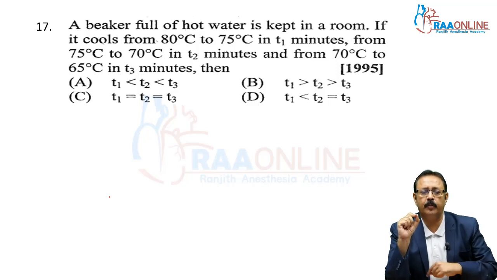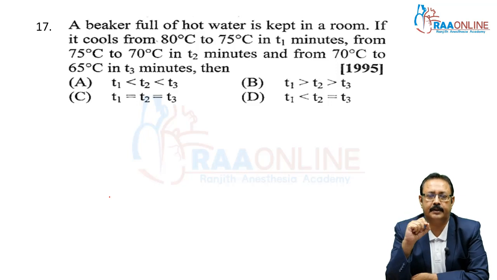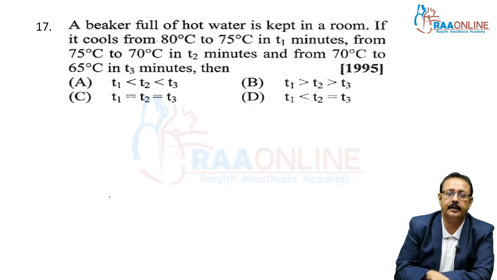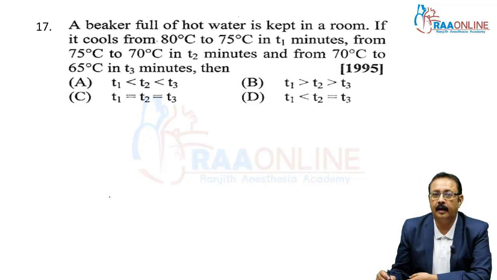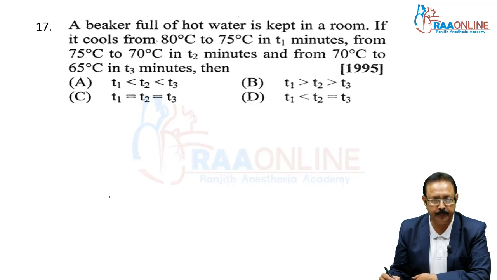If it cools from 80 degrees centigrade to 75 degrees centigrade in T1 minutes, from 75 to 70 degrees centigrade in T2 minutes, from 70 to 65 degrees centigrade in T3 minutes, what is the relation between T1, T2 and T3? They asked this problem in 1995 AIPMT.